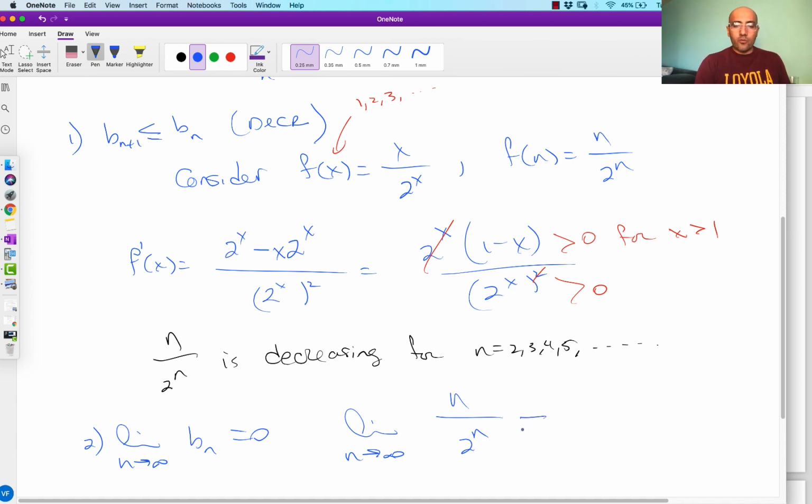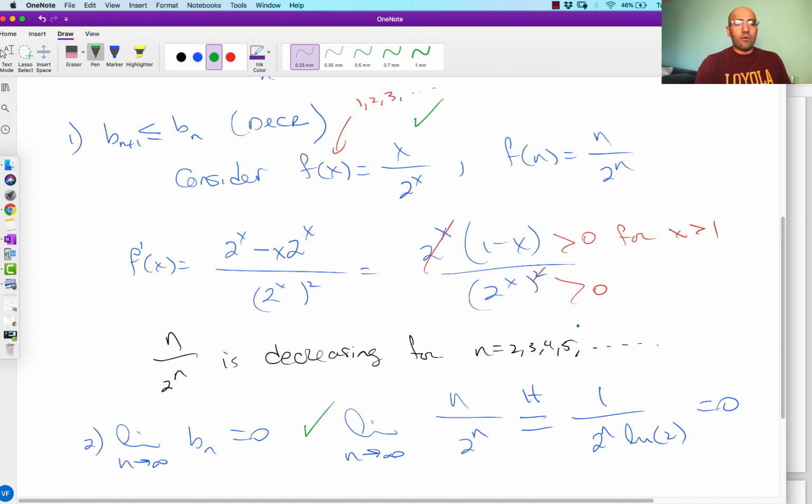And we can use L'Hopital's rule on this. That will be equal to 1 over 2 to the n ln of 2, and so the whole thing equals 0. Okay, so we've established both conditions are true.